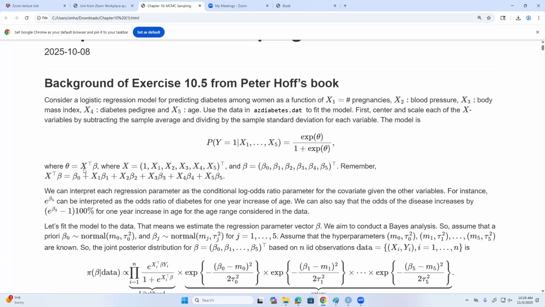So x transpose beta is a shorthand notation for this expression: beta sub 0, x1 beta 1, x2 beta 2, x3 beta 3, x4 beta 4, x5 beta 5. Obviously, this parameter vector beta containing beta 0 up to beta 5 is the regression parameter vector, and it can be used to assess the effect of the predictor on the success probability.